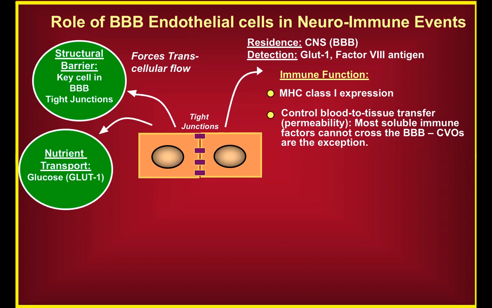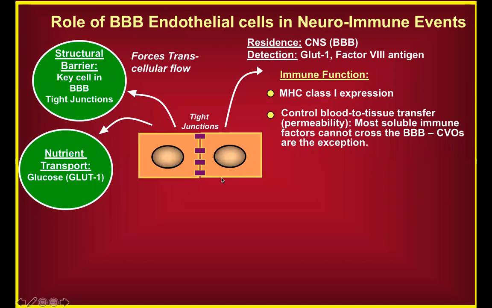Okay, so in terms of immune function, all nucleated cells will have this MHC class 1 expression. This is the major histocompatibility complex. We know that they're also going to be important in preventing entry: soluble immune factors cannot cross the blood-brain barrier, and cytokines do not cross.